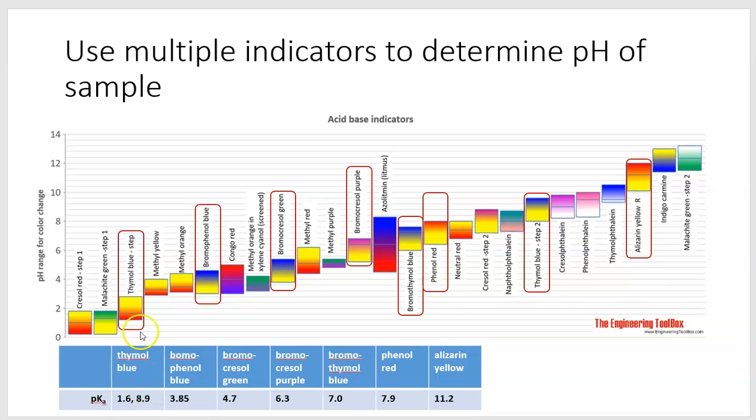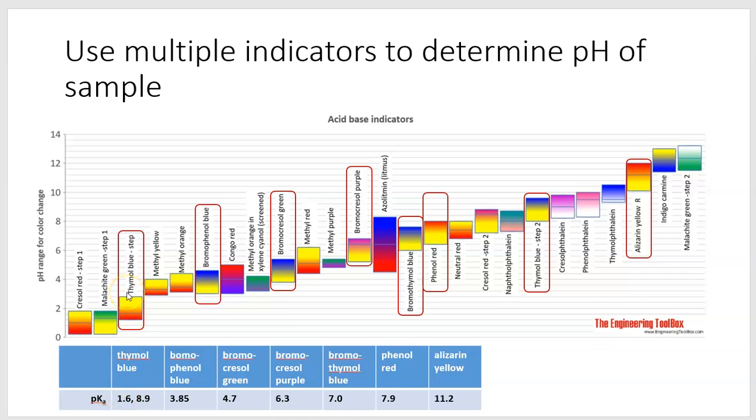But the idea is that you look at all the colors and they point you to an estimate of the actual pH. If thymol blue is yellow, then you're above maybe 2.6 or so.